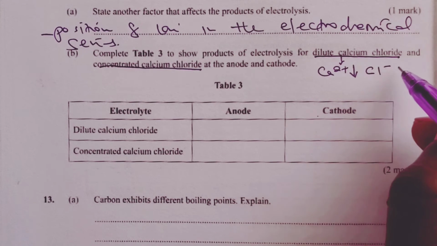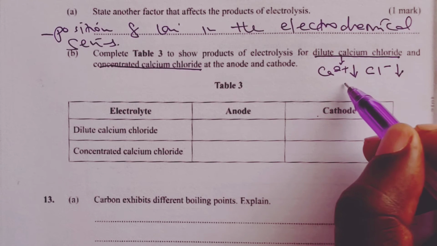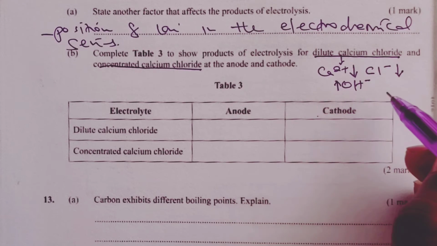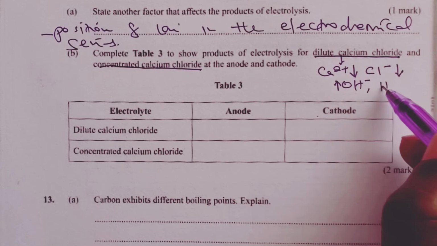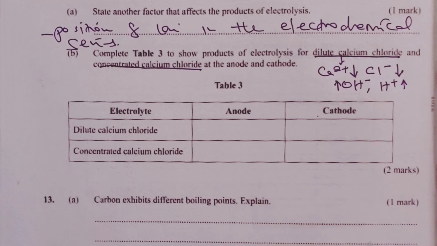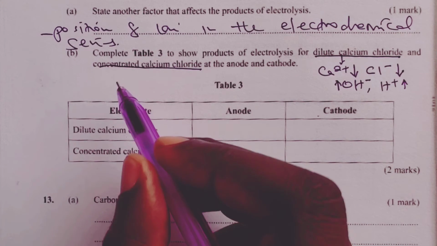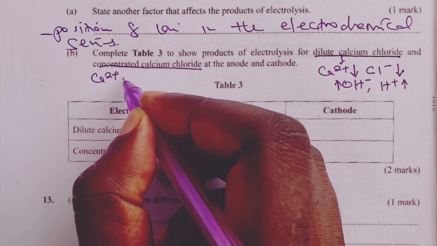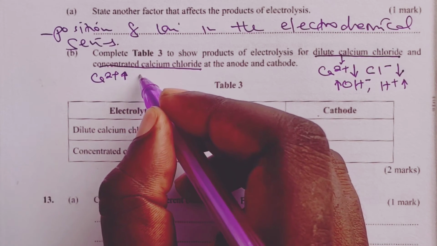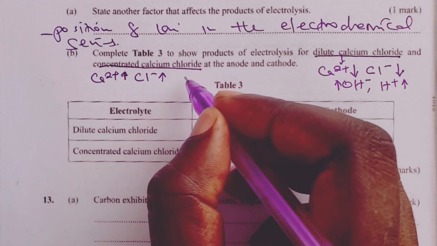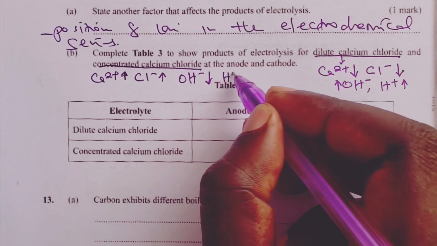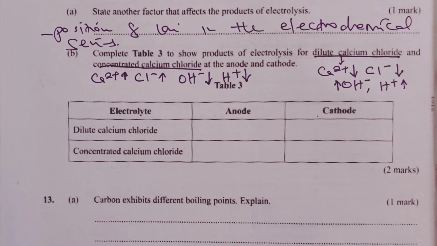They contain chloride ions again in low concentration, but we have hydroxyl ions in very high concentration because there's so much water, and hydrogen ions again in high concentration. When it comes to the concentrated salt, calcium ions are highly concentrated, same to chloride, but the concentration of hydroxyl ions is very low, same to hydrogen ions.